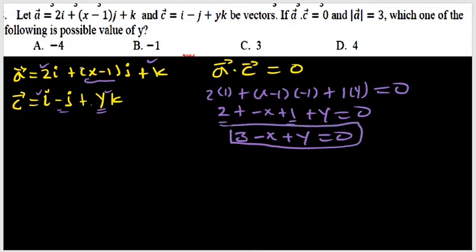What is asked? We are asked to find the possible values of y. And the other given condition: the magnitude of A is equal to 3. What does it mean, magnitude of A? Let us square each component and put it in the square root.